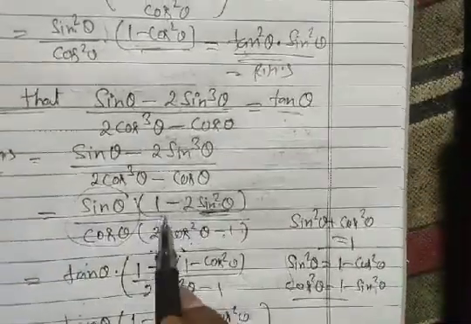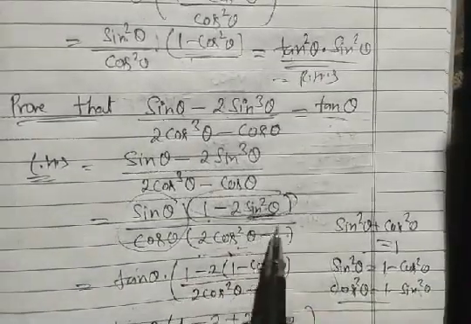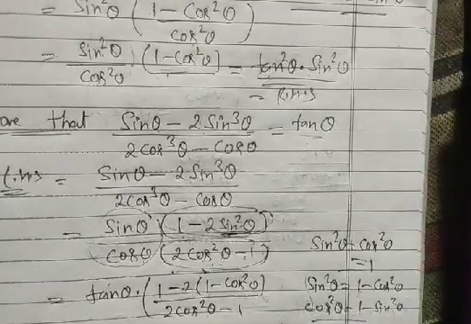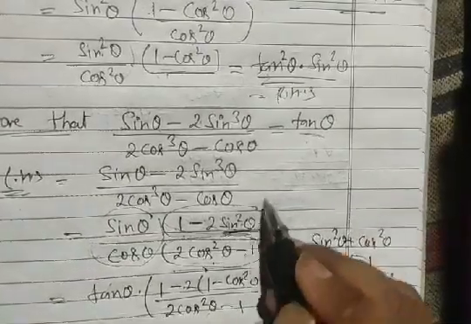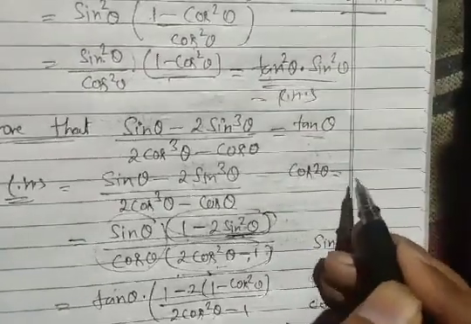Now, from the knowledge point of view, I am going to explain. This is 1 minus 2 sin square theta, and this is 2 cos square theta minus 1. When we study further in class 11 trigonometry, both of these represent the value of cos 2 theta.